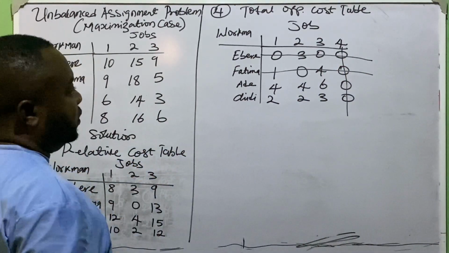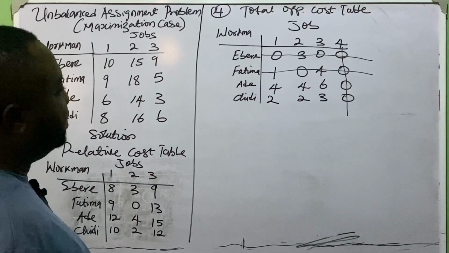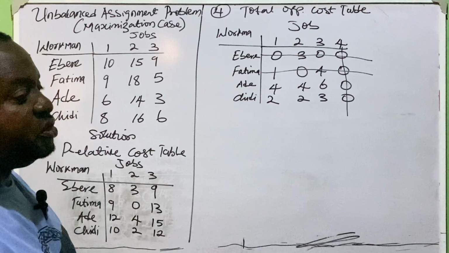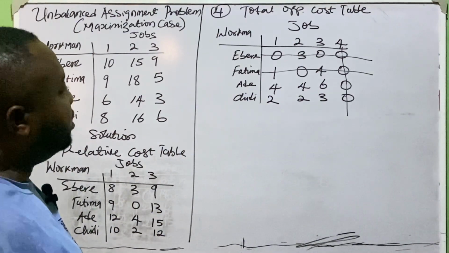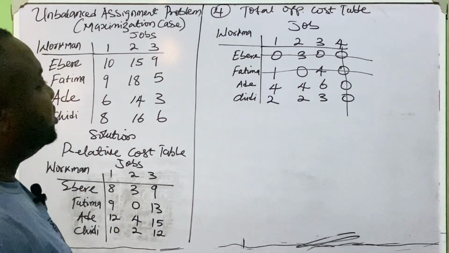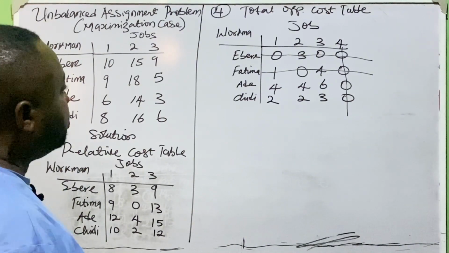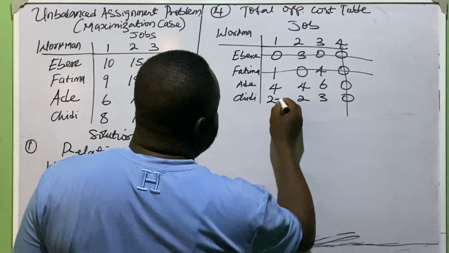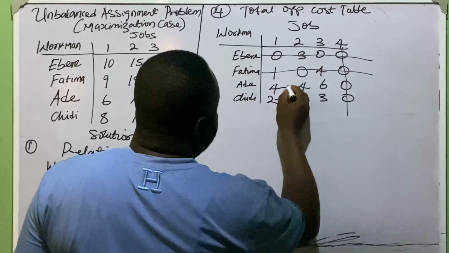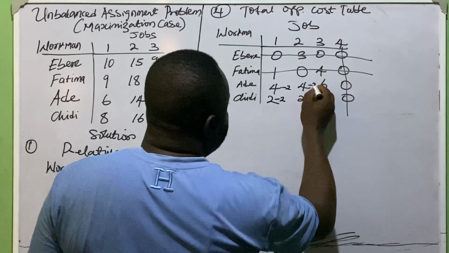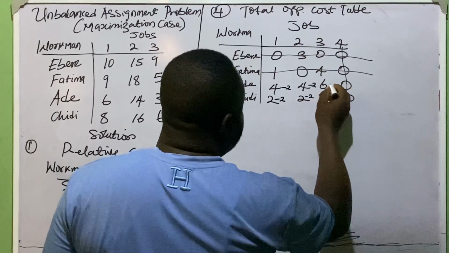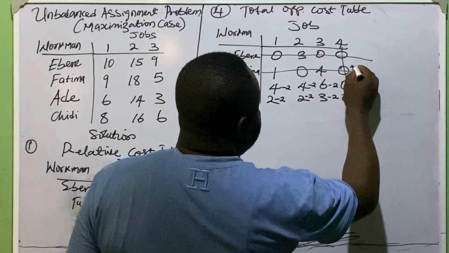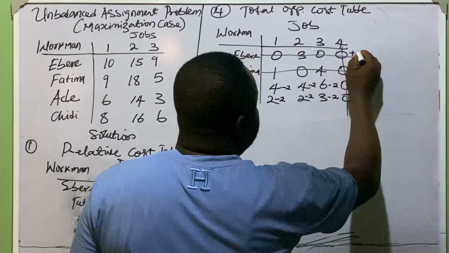So what revision does for us is to create additional zeros, and of course to redistribute and reposition the zeros, to help us find the optimal assignment schedule. So we are going to deduct 2, which is the smallest value. 2 minus 2, 2 minus 2, plus 2 at intersection, plus 2 at intersection.